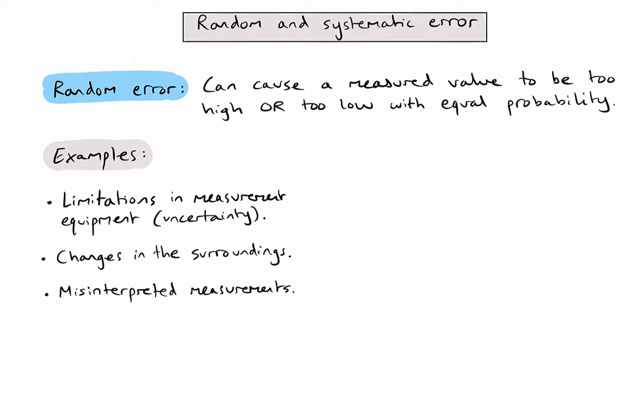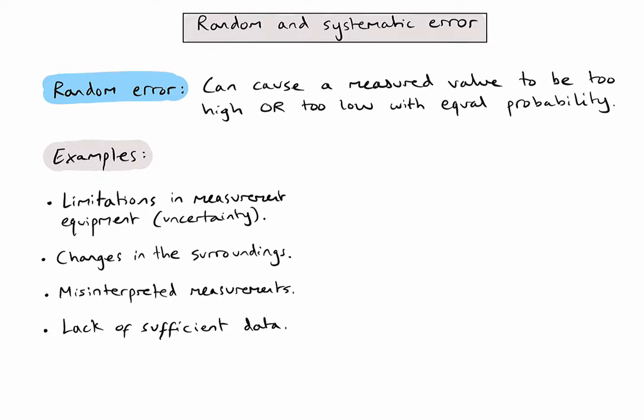A final example might be a lack of sufficient data collection. Because random error causes values to be too high or too low with approximately equal probability, by repeating a measurement and using those repeat measurements to take an average, I can actually reduce the impact of random error.